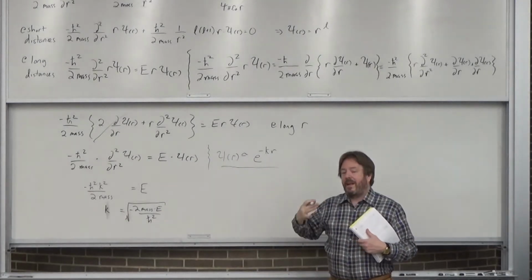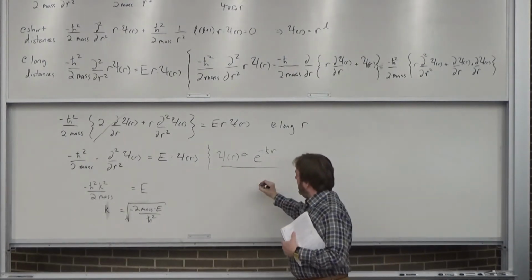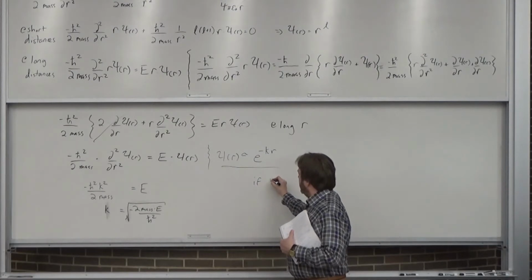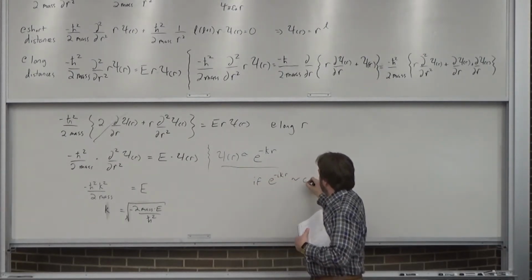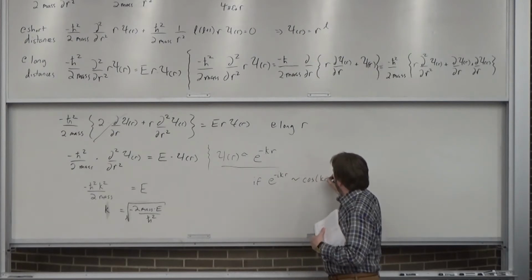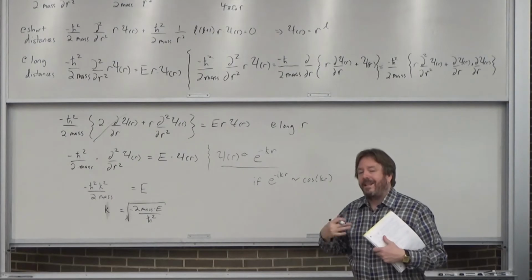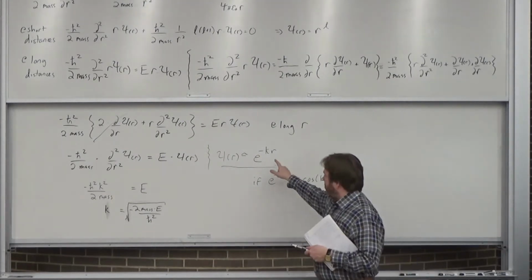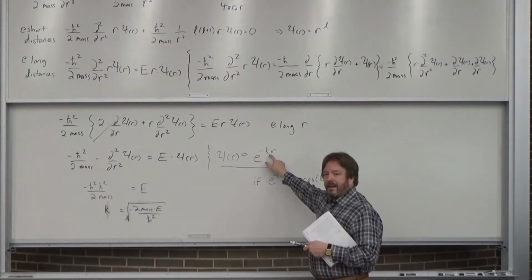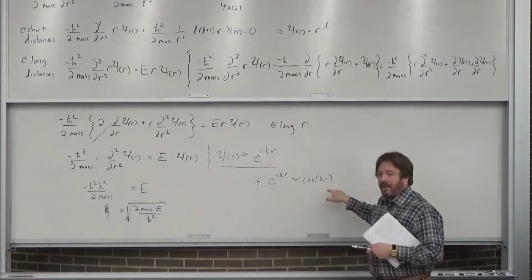So if the solution is e to the minus i kr, then that's basically like cosine kr. Now that doesn't decay, right? That just goes on, and that's the exact opposite of what I said. I said that this is an exponential decay, but if the wave vector k has an i in it, then this actually oscillates on forever.